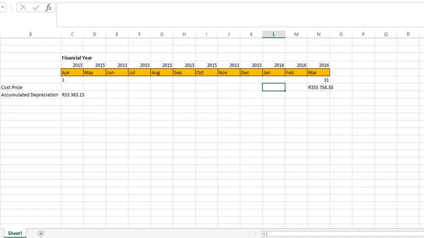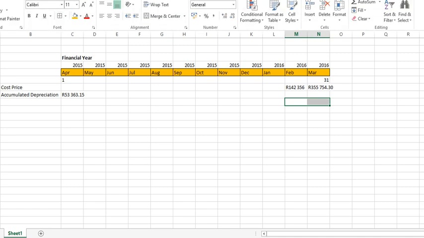So our cost price increased here by $142,356 to get to 355,000 rand.